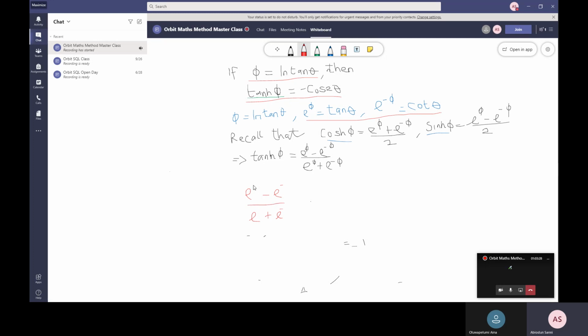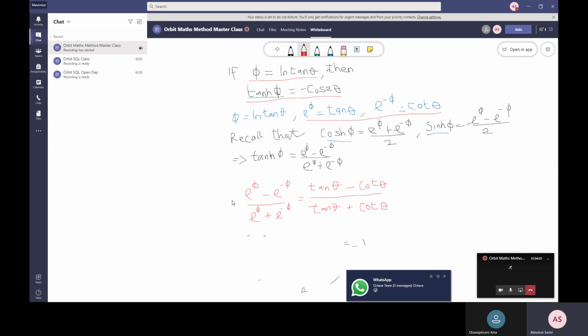Using tan theta and cot theta to replace exponential phi and exponential minus phi, I'll have tan theta minus cot theta, all over tan theta plus cot theta, right?